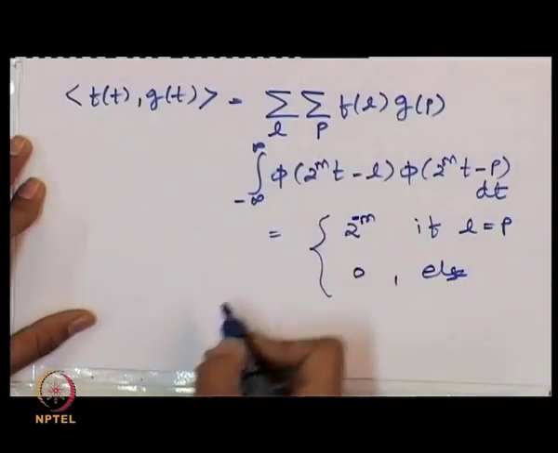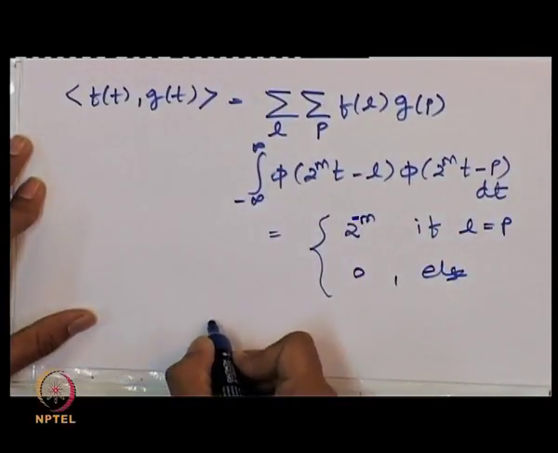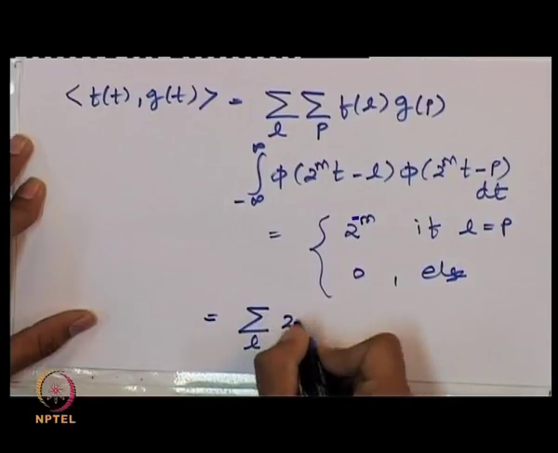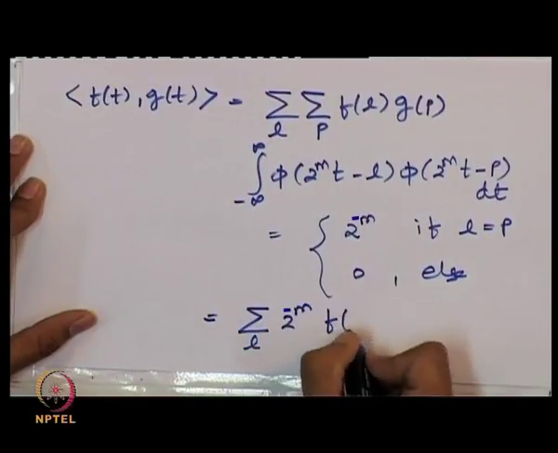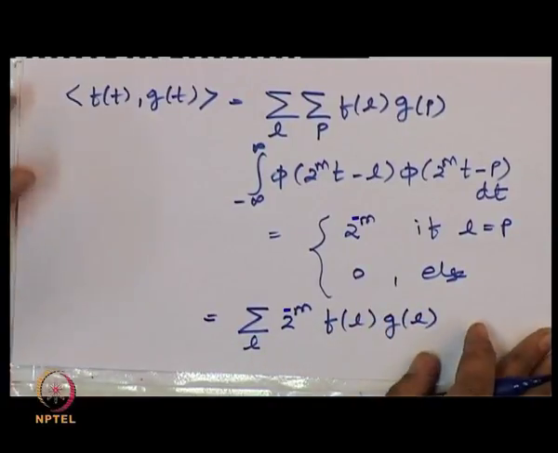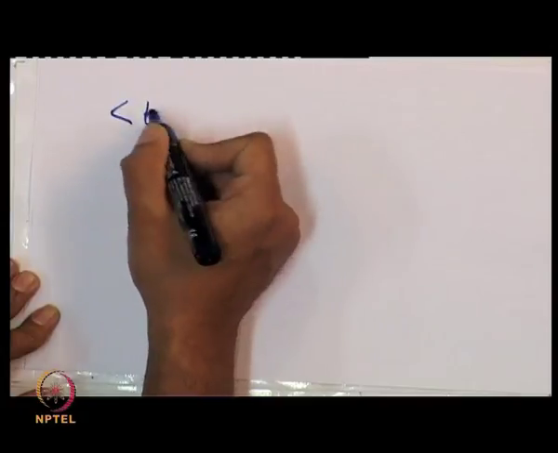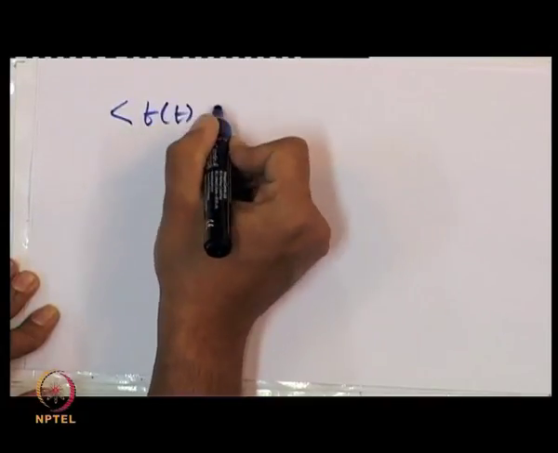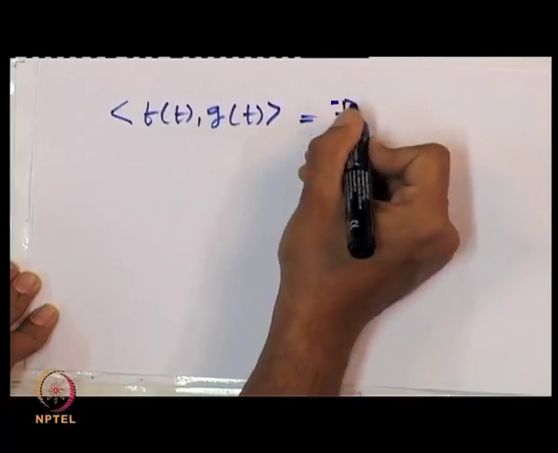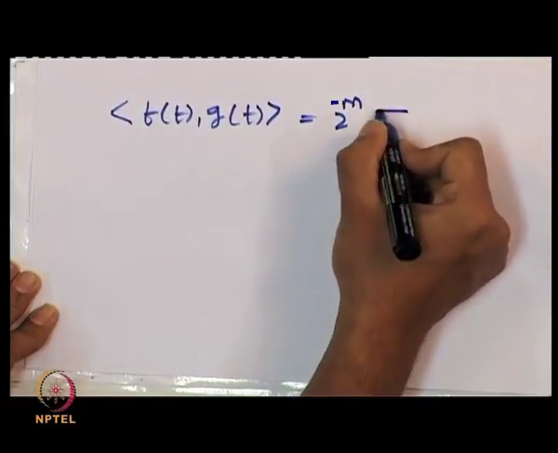Hence this double summation results in a single summation of 2 raised to minus m Fl Gl. Hence we proved that the inner product of Ft and Gt is equal to 2 raised to minus m times sigma Fl Gl.